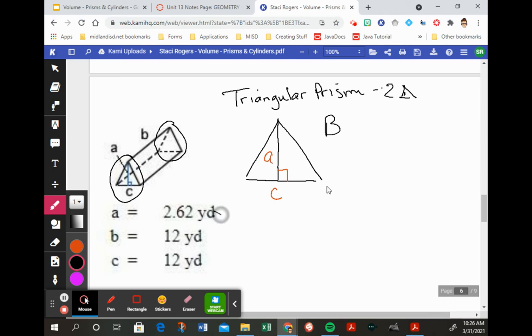So these are going with the big B. This is the height of the prism. So we just identified our two main parts.